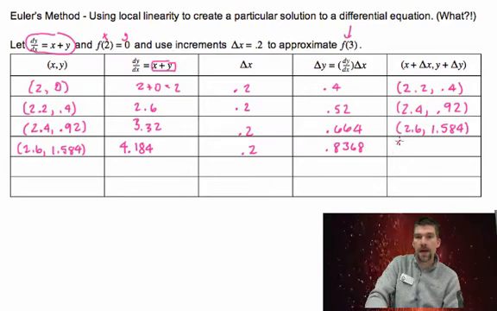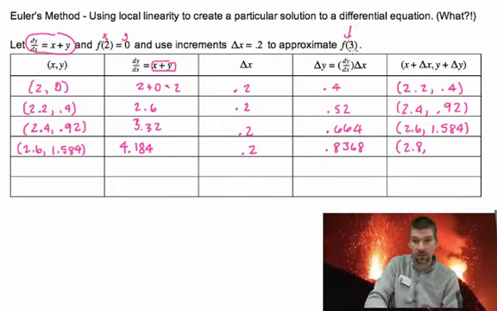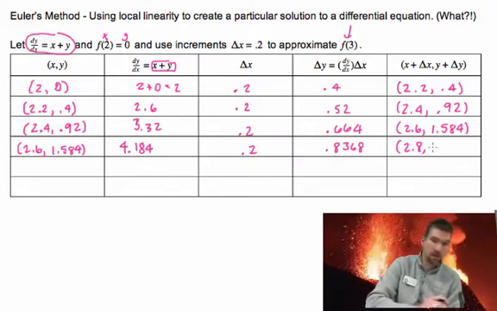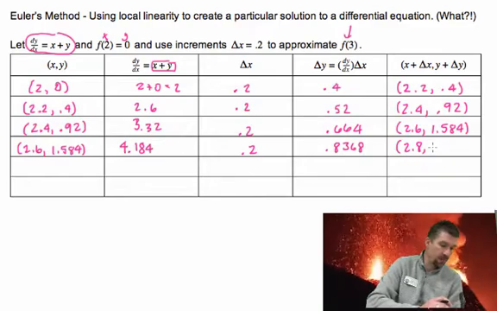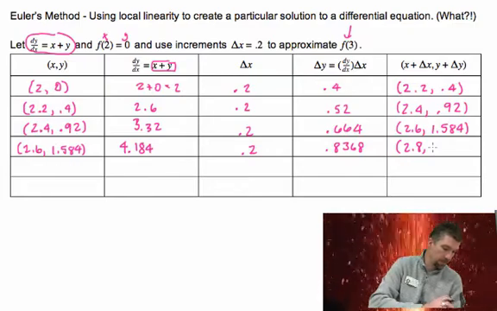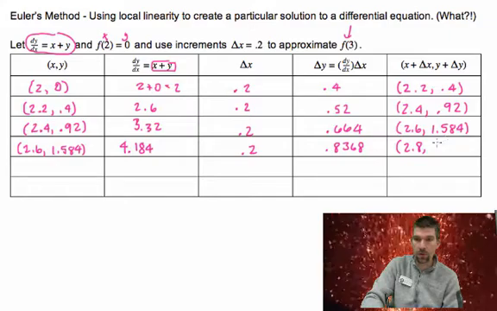And then I'm going to add all that stuff together. So 2.8. Now we're getting really close, because remember we want f(3). So 2.8 and 1.584 plus 0.8368. This is going to be 2.4208.